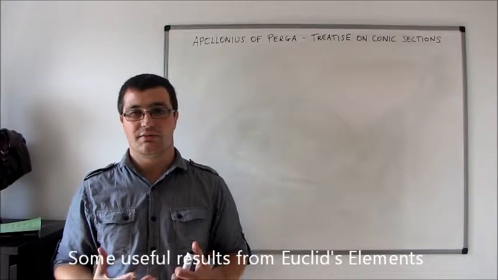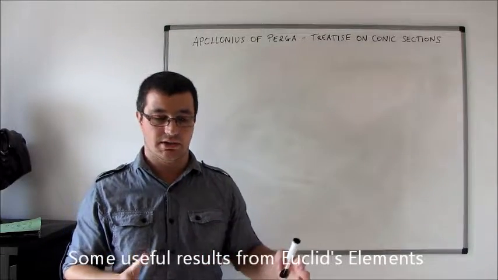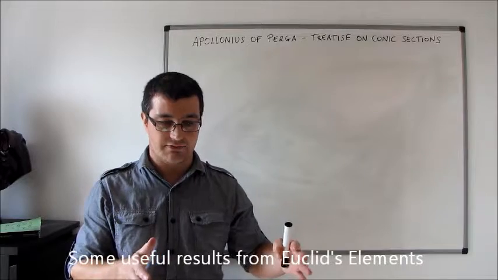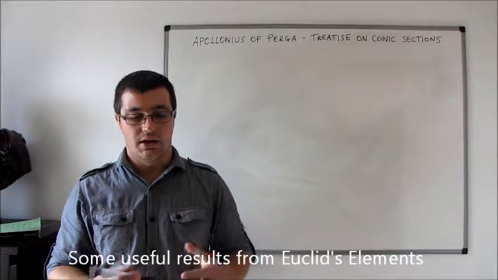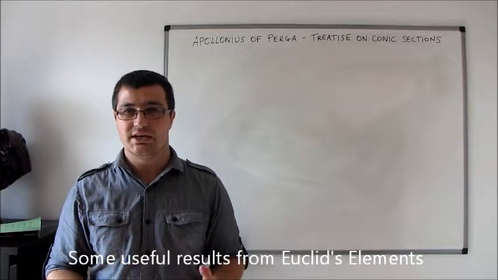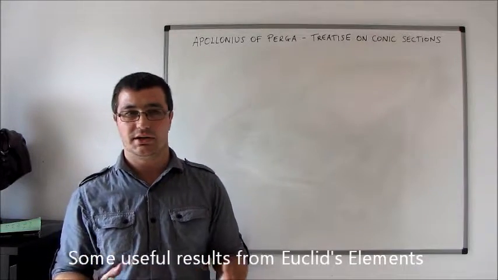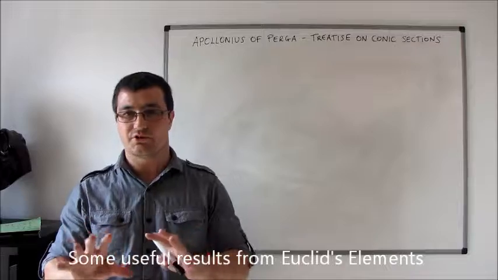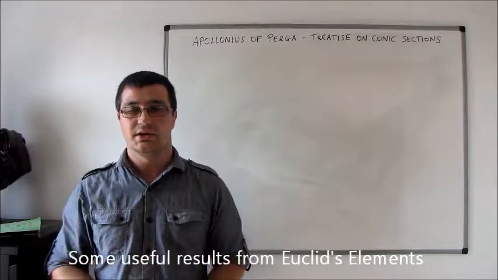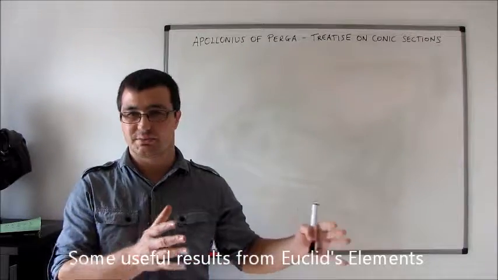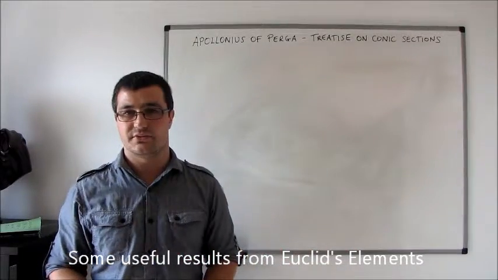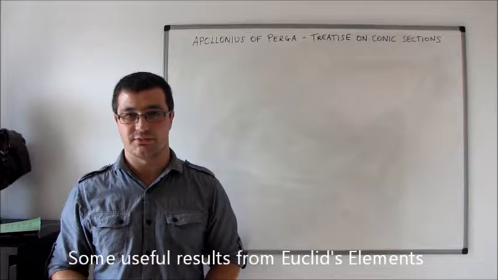It might be worth it if you are going to go through Euclid's to have, for example, book 1, which is used quite extensively, book 3, book 5, and then there's other propositions from the other books, but it's mostly books 1, 3 and 5 I find that are going to be most useful for reading Apollonius.